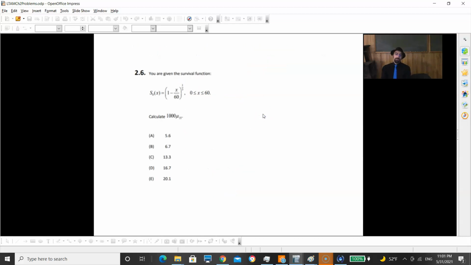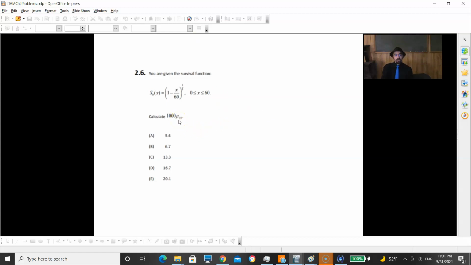Problem 6. You're given a survival function and asked to find the force of mortality. Well, 1,000 times the force of mortality, but you can find the force of mortality and then multiply by 1,000. So, fortunately, this is a simple enough problem.